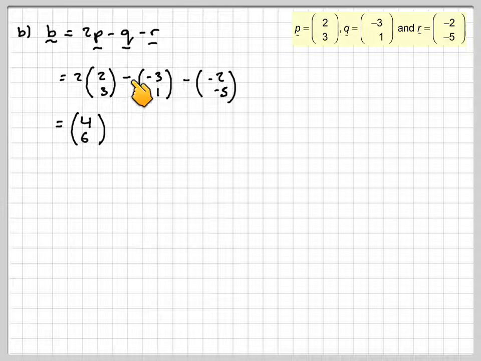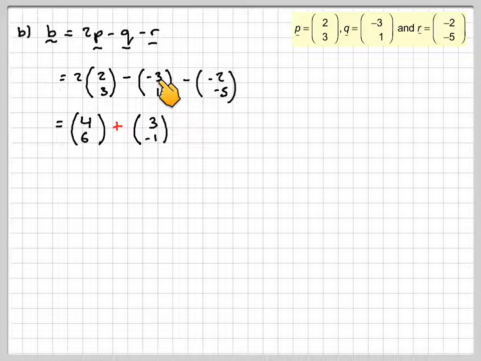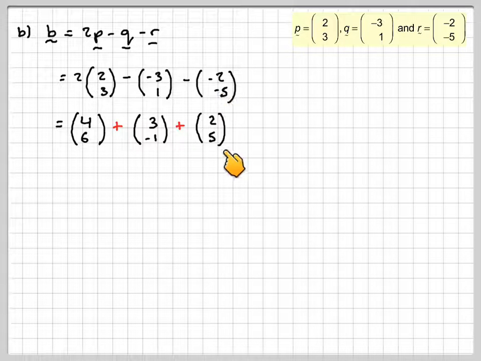Now when we take that minus sign in, we need to change the sign to a plus because we're going to add the negative of the vector. But we have to change the signs within the vector. So it changes from (-3, 1) to (3, -1), and this becomes plus. Same idea here, becomes plus (2, 5).